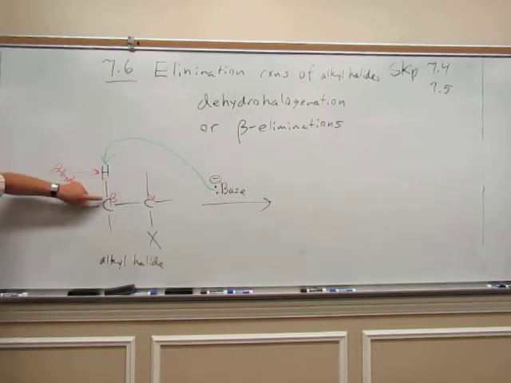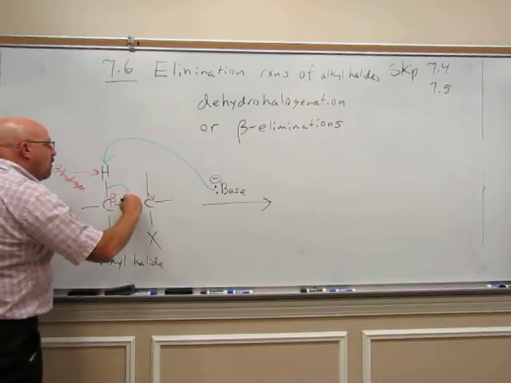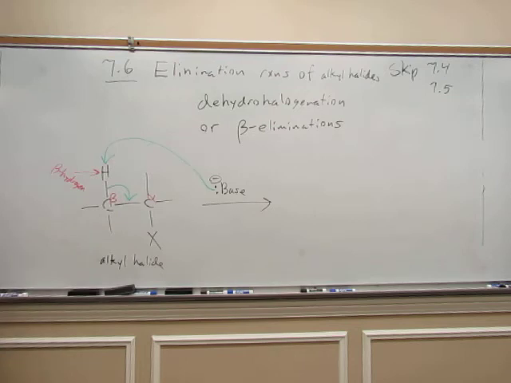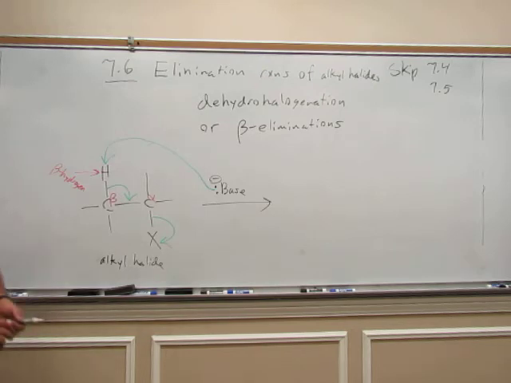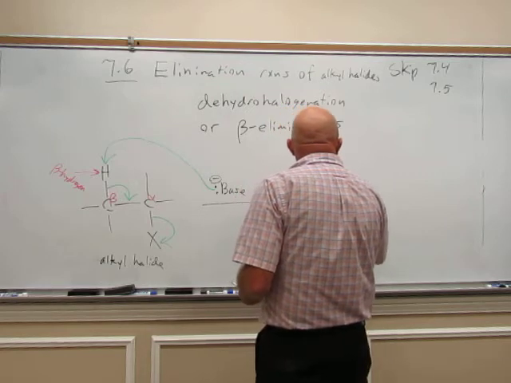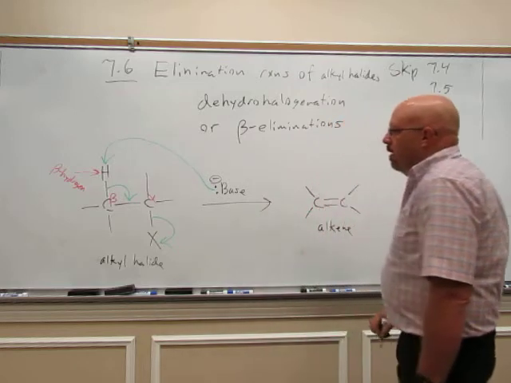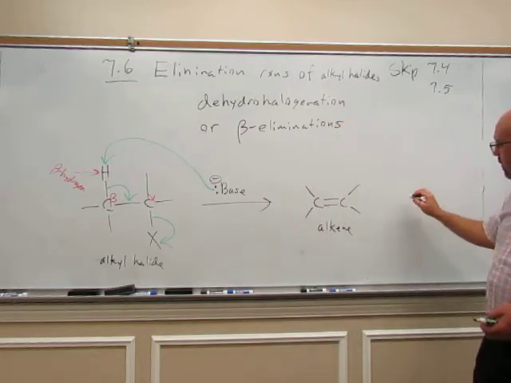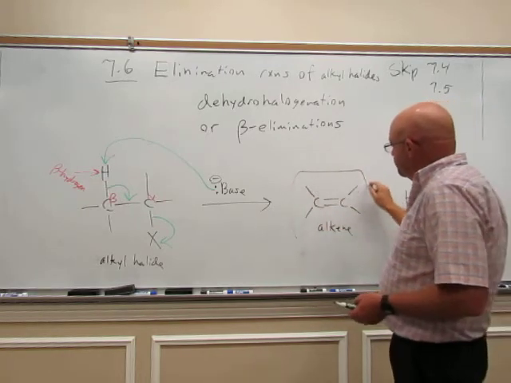The electrons between the hydrogen and the carbon here, those two electrons in that bond, they're going to kick toward the alpha carbon to form a double bond, and that pushes the leaving group off. So our product here is we make an alkene. The base grabbed the hydrogen, so you've got a bond between the hydrogen and whatever the base was, and we kicked off the halogen, so there's an X minus out there somewhere, but we've made an alkene.